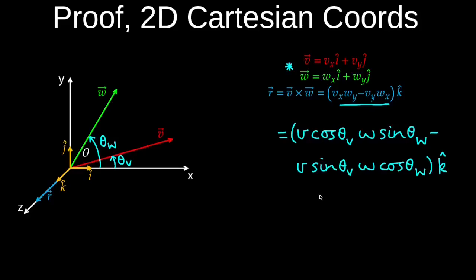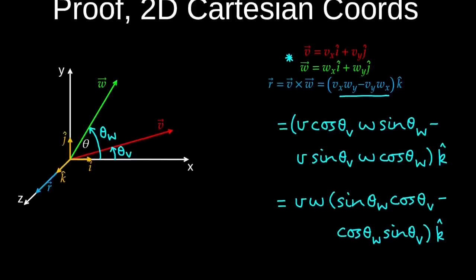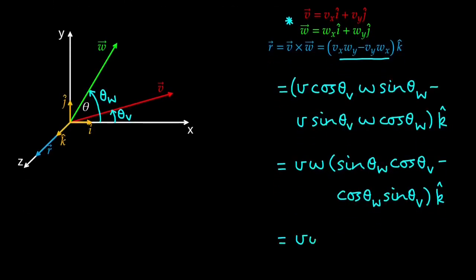And now we can factor out the magnitude of v and w. And using our trig identity, we obtain the following expression. And theta w minus theta v is simply the angle theta between the vectors.